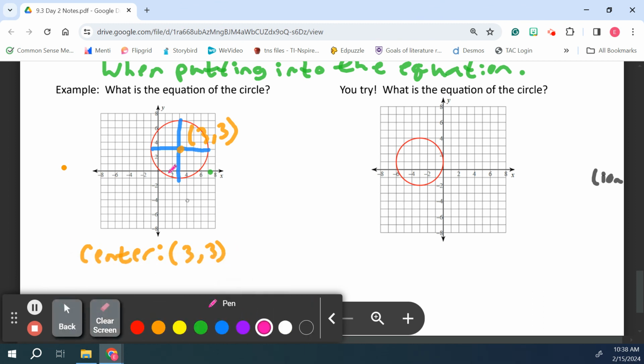The next thing we need is to count from the center to the end of the circle. So we're going to count 1, 2, 3, 4. So our radius is 4.